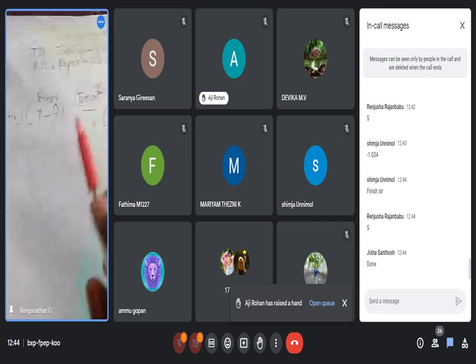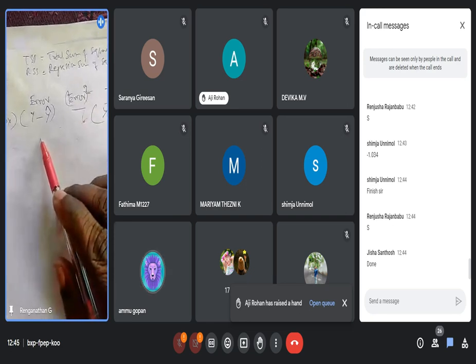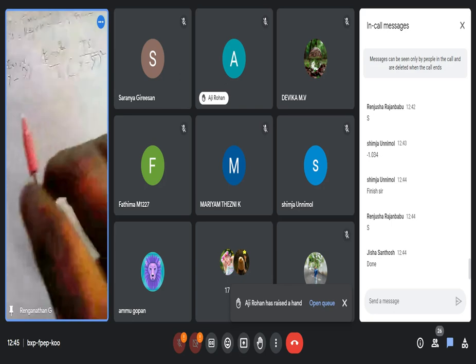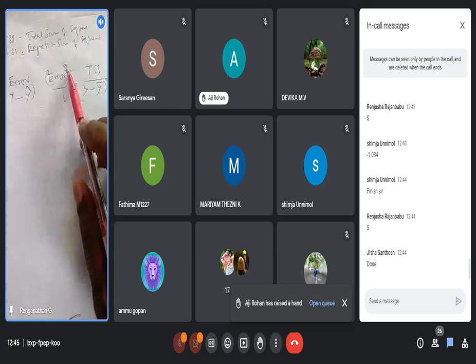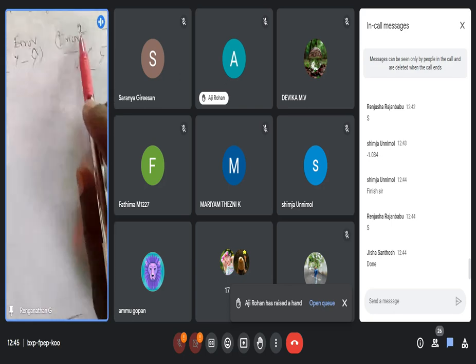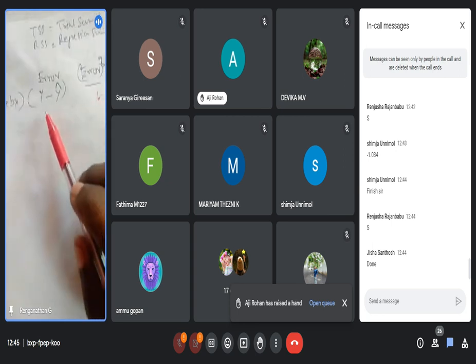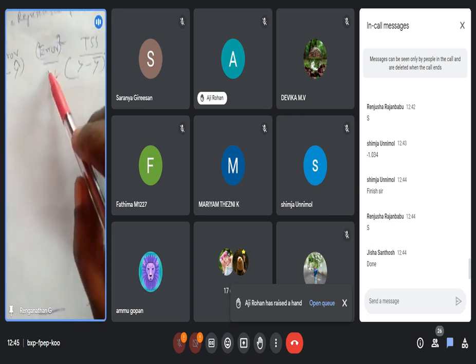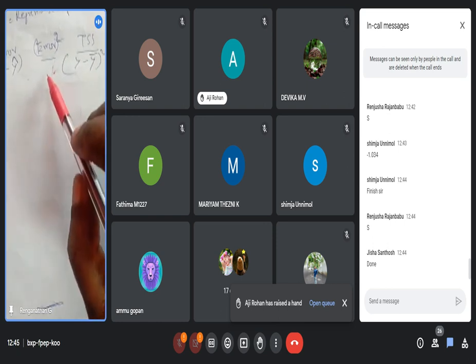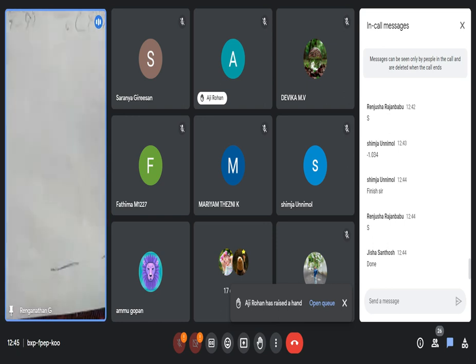Error square means all the error values should get squared. Square all the error values. And then take the total of that column also. Here the error values are there, isn't it? Then square the error values here in the error square column. And after that, take the total of that column also.